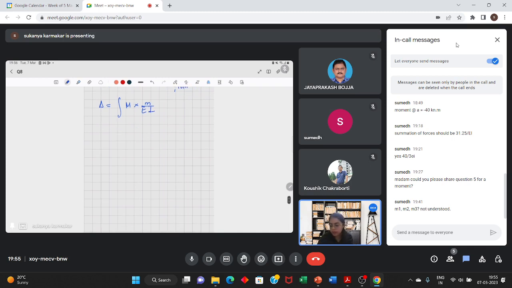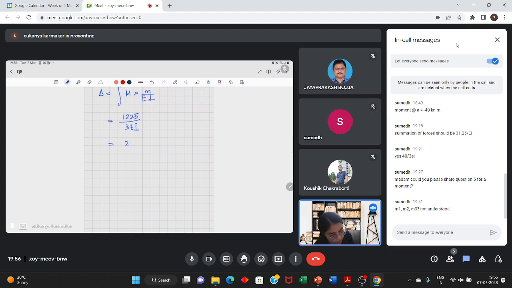So just when you plug in these moment values, finally you will get deflection to be equal to 1225 by 3EI. And when you substitute the value of E and I, you will get it to be equal to 245 mm.